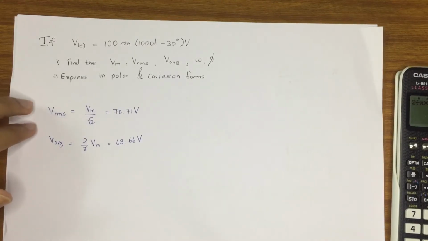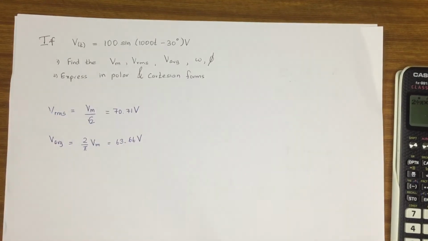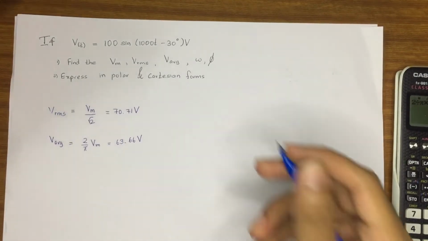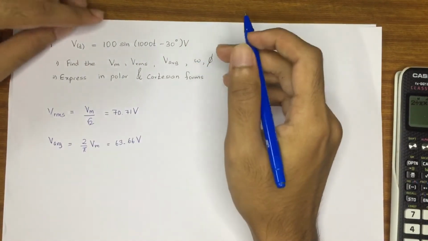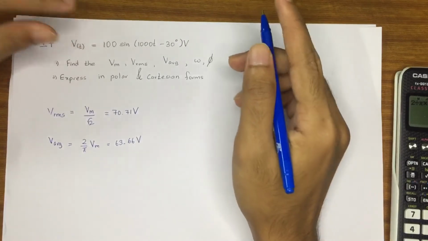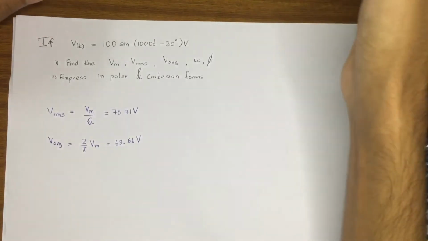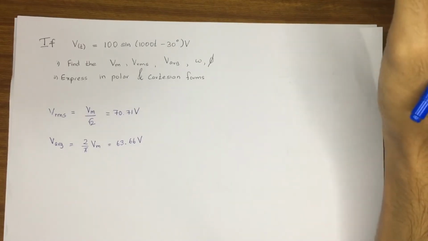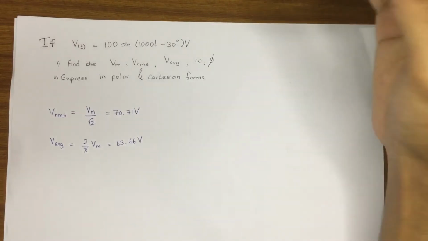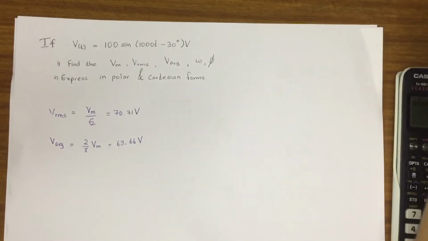The next work we need to do is find the polar form as well as the Cartesian form. What we mean by the polar form is that we represent this voltage as it is, but we change the representation method. Let's say you have already learnt about binary and decimal: we represent a number in many methods, but they all give the same value.